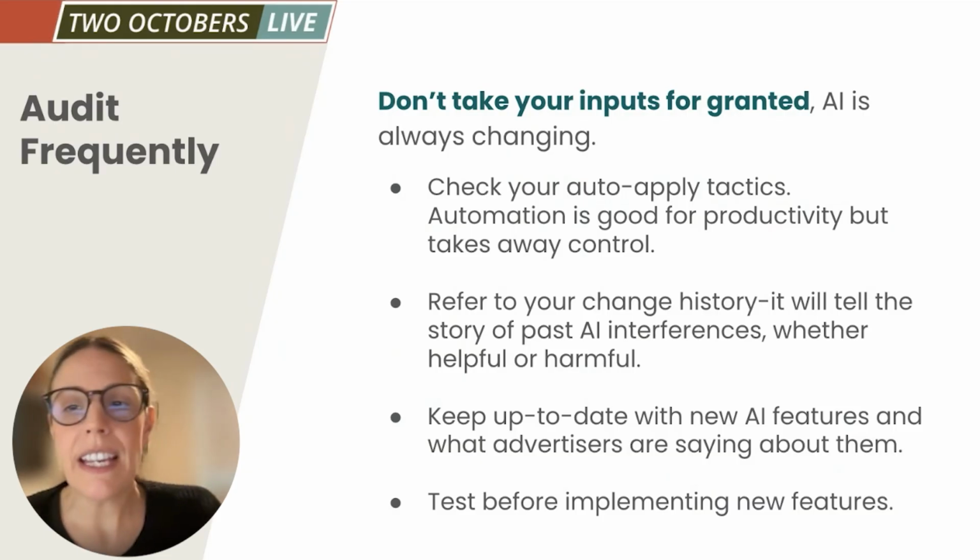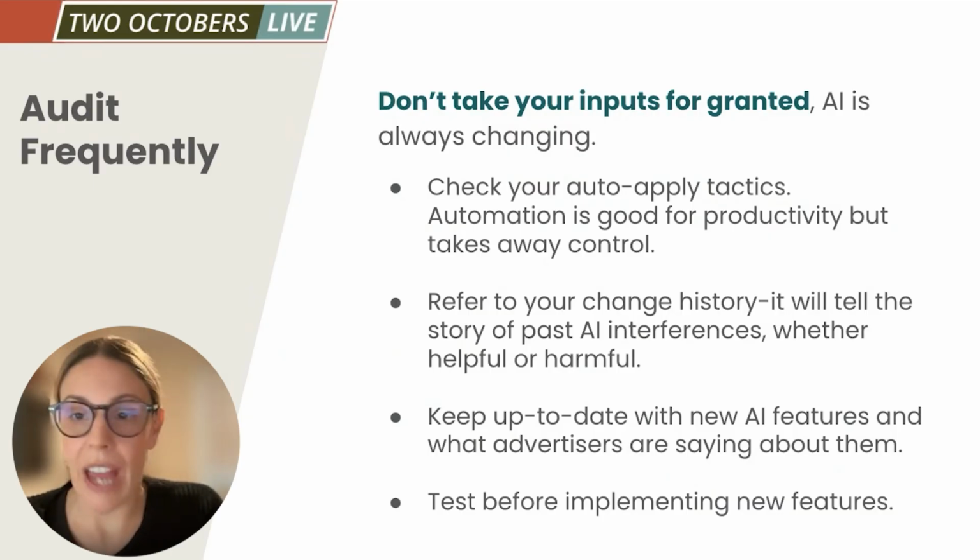Auditing frequently is key because with AI always changing, you never know what can happen within the platform unless you are taking a close look at your ads and making sure that things haven't been toggled on or perhaps added to the details of your campaigns.